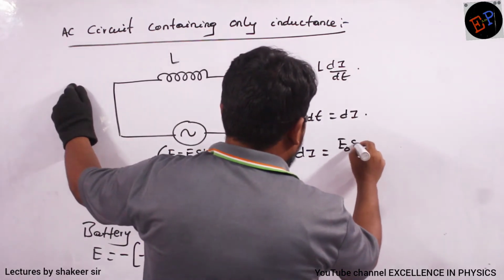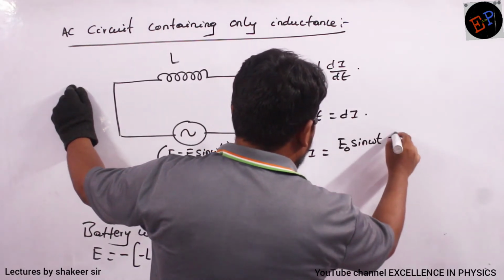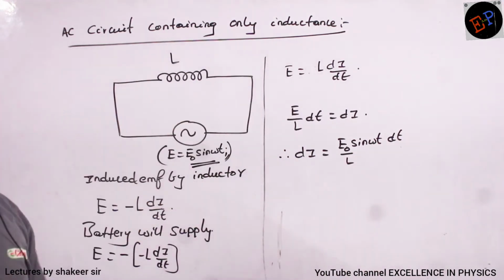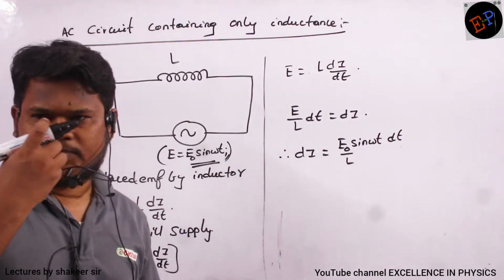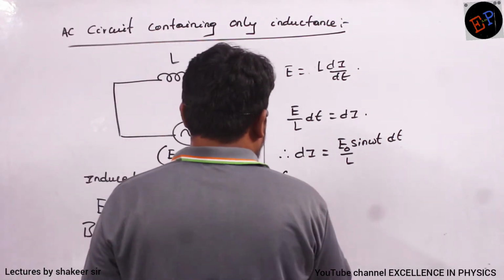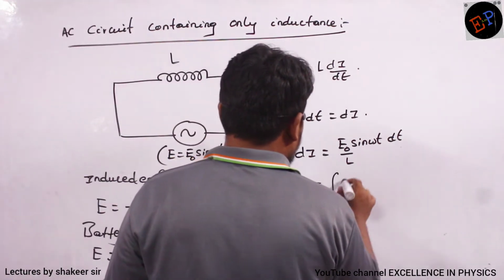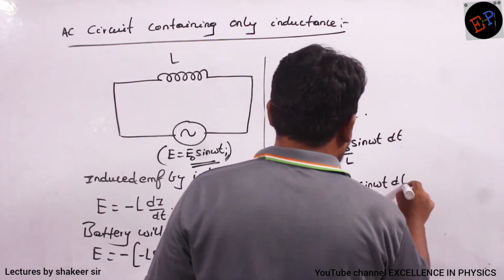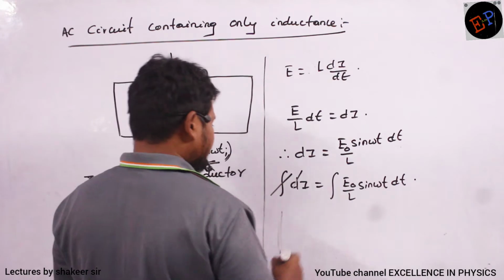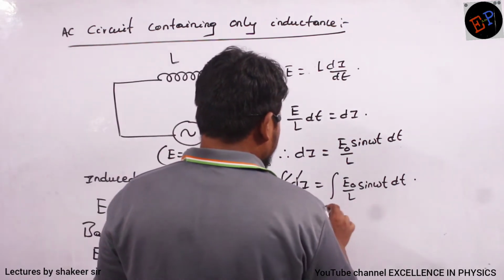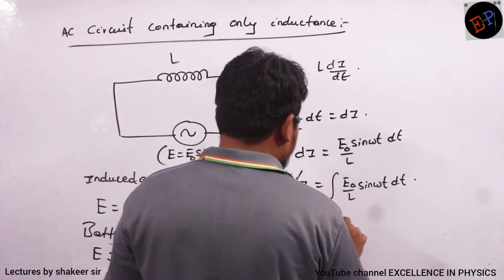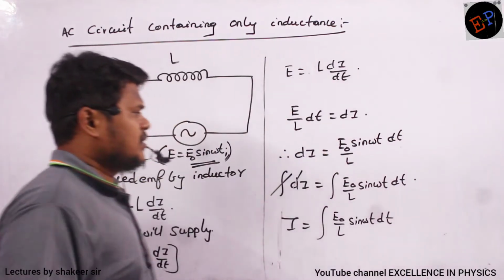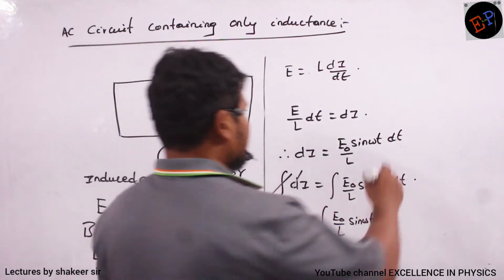So E naught sin omega t multiplied by dt divided by L. This is the small amount of current. If I want total current, integrate it on both sides. So integration of di is equals to integration of E naught by L sin omega t dt. Integration and differentiation will get cancelled. I is equals to integration of E naught by L sin omega t multiplied by dt. Now here, who are the constants, who are the variables?